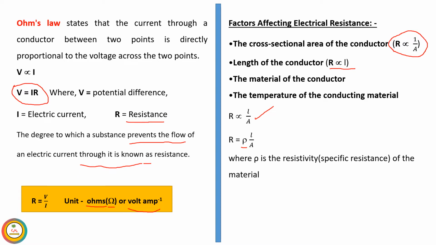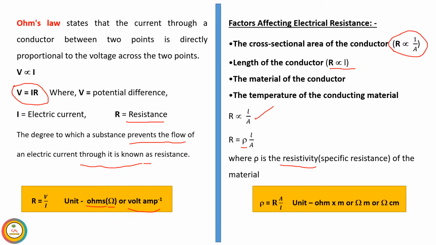Rho is known as resistivity or specific resistance, but nowadays we use the term resistivity instead of specific resistance. Rho depends on the nature of the material and temperature. Rho is independent of the length and the area of cross section, but the resistance depends on length, temperature, area of cross section and the material.